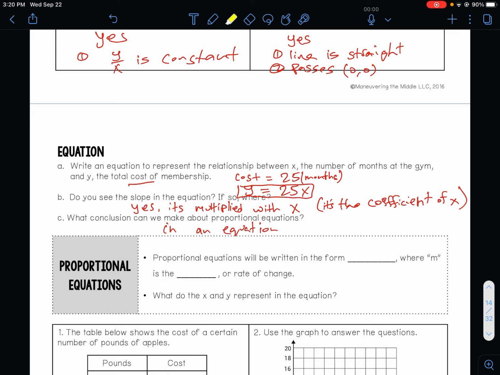This is our equation. In an equation, slope is the coefficient of x. All right, so in equation, now we know how to figure out proportionality in an equation.